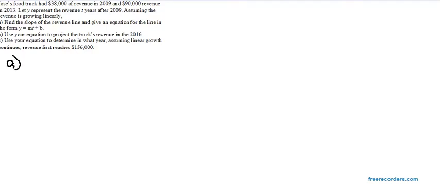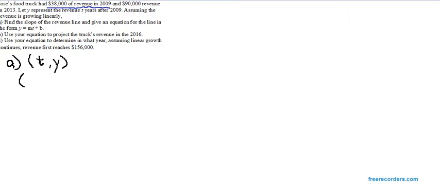Okay, so in part A, notice that instead of an ordered pair having an x-coordinate and a y-coordinate, in this problem it has a t-coordinate and a y-coordinate. Now t, it tells us, is the number of years after 2009. At the beginning of the problem, we learned that in 2009, the revenue was $38,000.